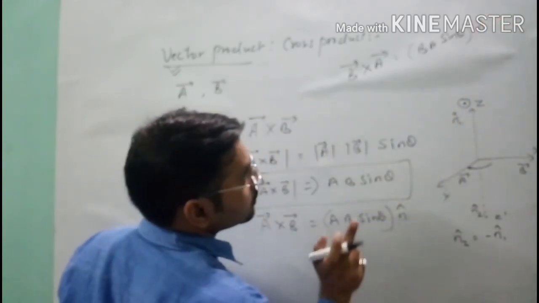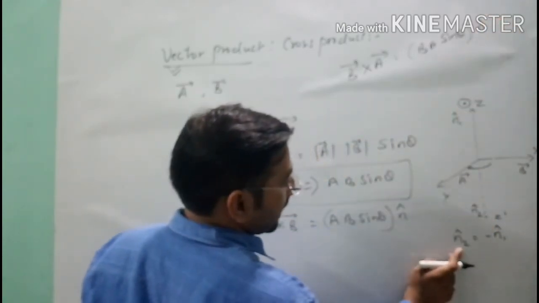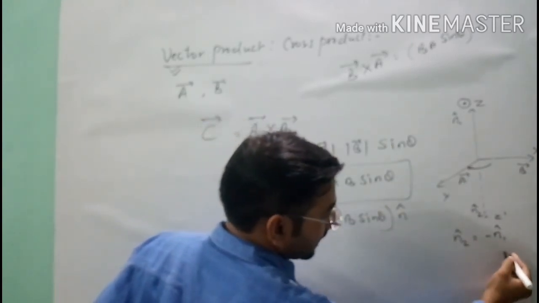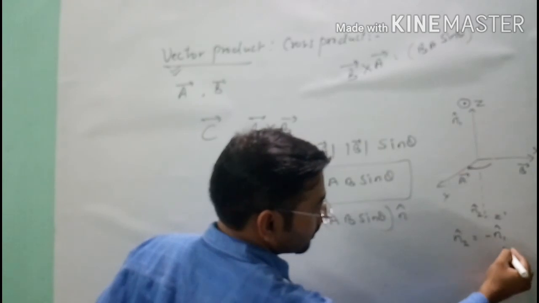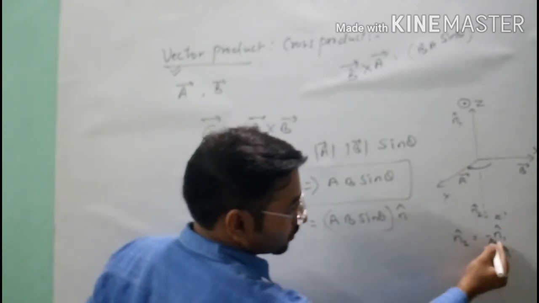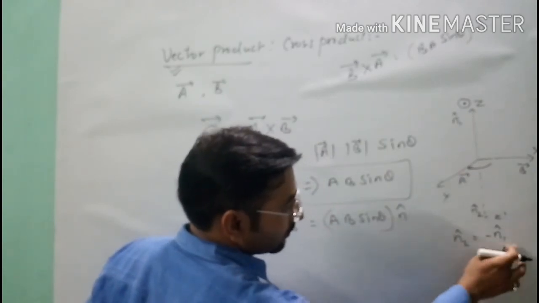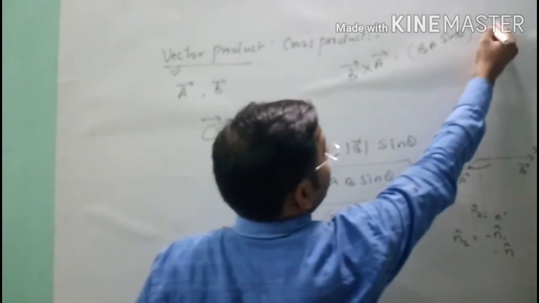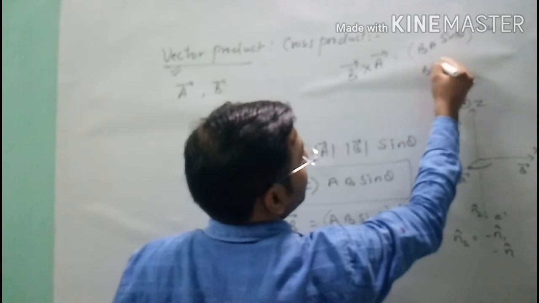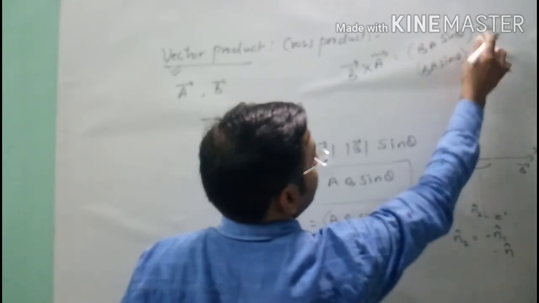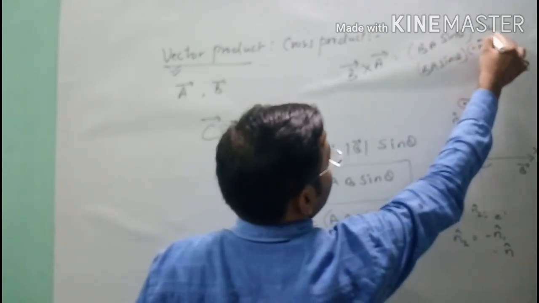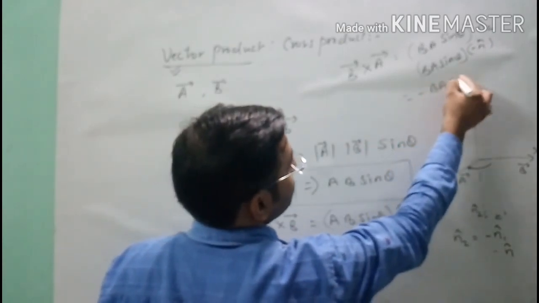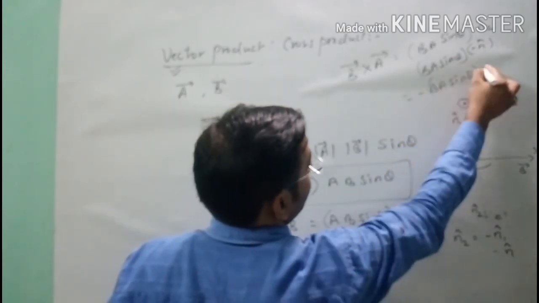As we know n2 is equal to negative of n1, and n1 is represented by vector n here. So this n2 vector is negative of the n cap vector. So I will write directly BA sine theta, and in place of n2 I will write negative n cap vector.